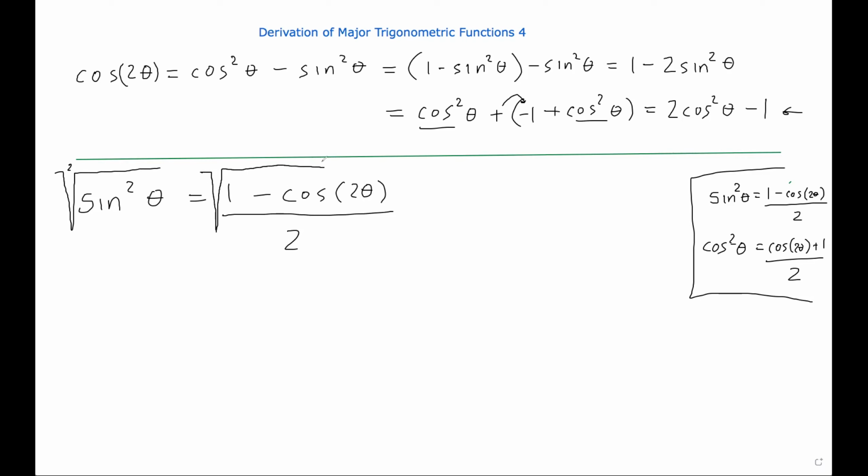You can say raise them to the 1/2 power. So we get sine theta on the left, and that's equal to plus or minus the square root of 1 minus cosine of the double angle.